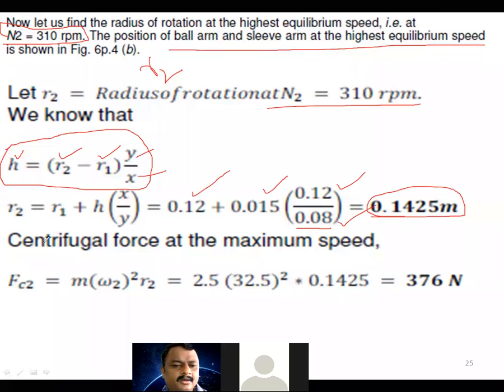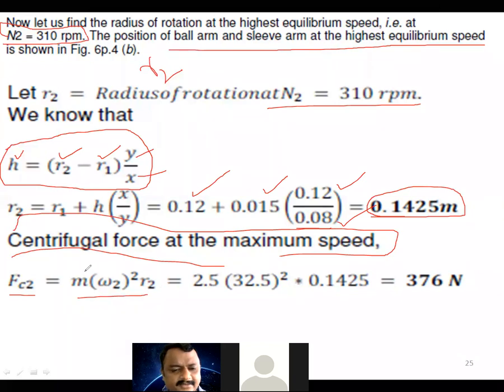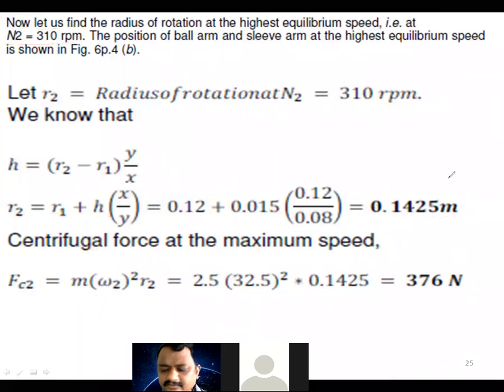Then centrifugal force at corresponding radius of rotation R2 is equal to Fc2 is equal to m omega 2 square into R2. What is m here? Mass of the ball. What is omega 2 here? Omega 2 we have calculated at maximum speed.